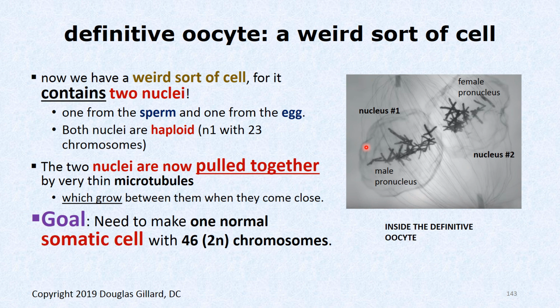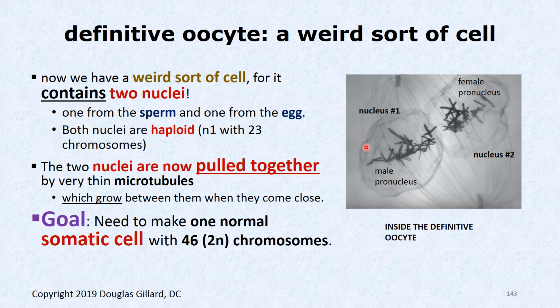Okay, so the definitive oocyte is a really weird creature, right? Up until it actually binds, until you form a zygote, because you have two nuclei in one cell. You have one from the sperm head, that's fully mature, right? That's already gone through meiosis too. And now you have the oocyte's nucleus, which is almost mature.